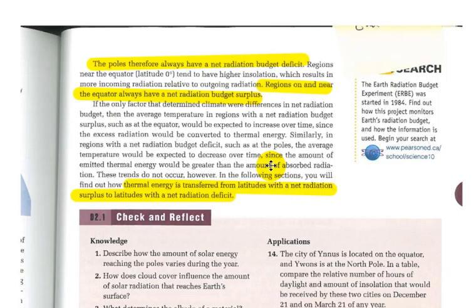But of course, we see that does not happen, so there are other things that happen. Thermal energy is transferred from latitudes with net surplus to net deficit. Air currents and other things transfer that excess thermal energy from the equator to the poles, and it circulates around until there is no deficit and it works out to be equal.